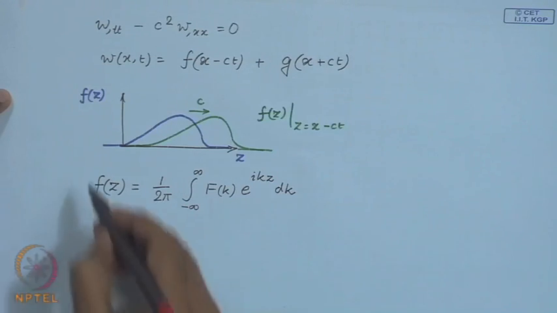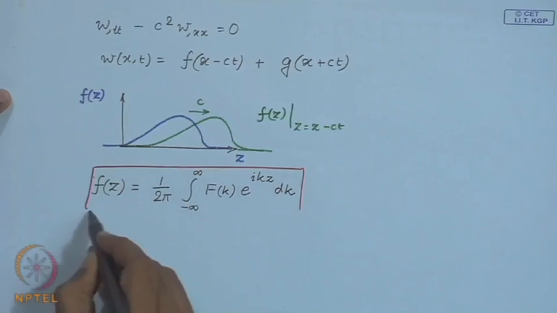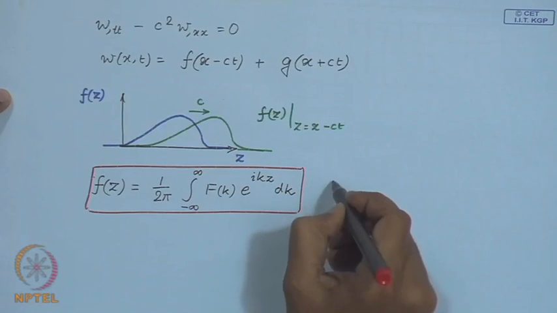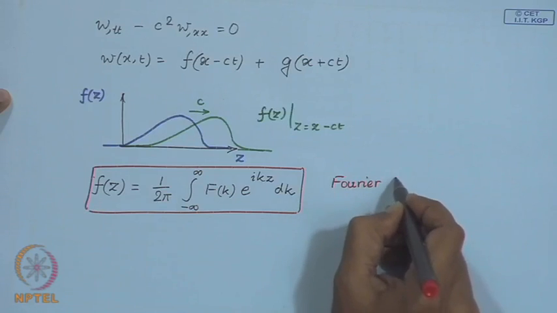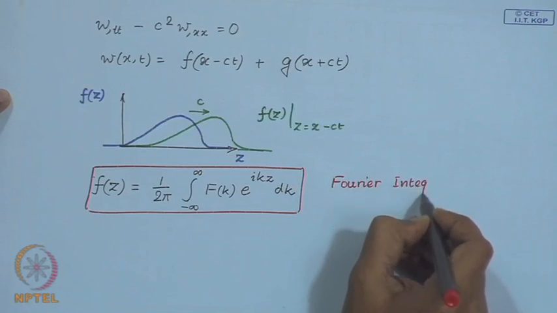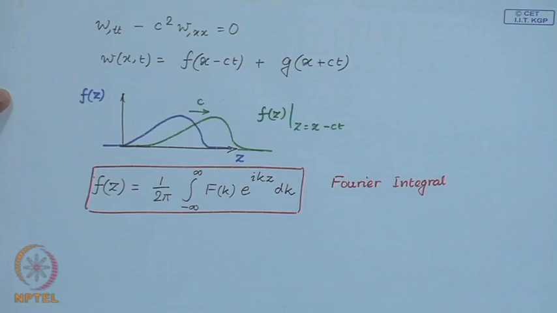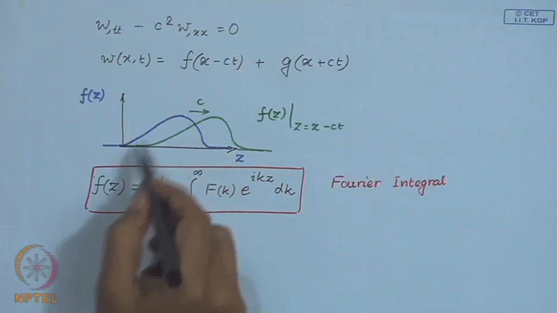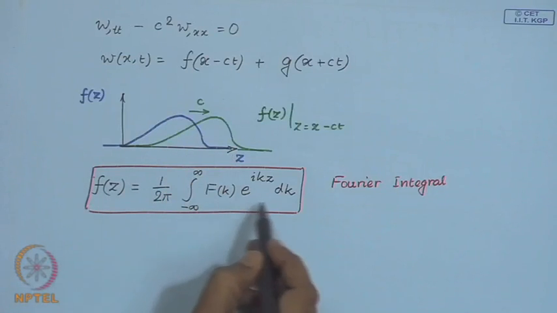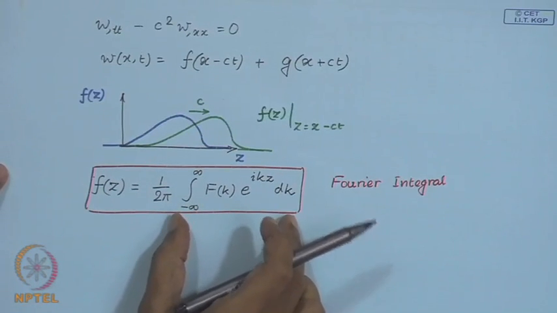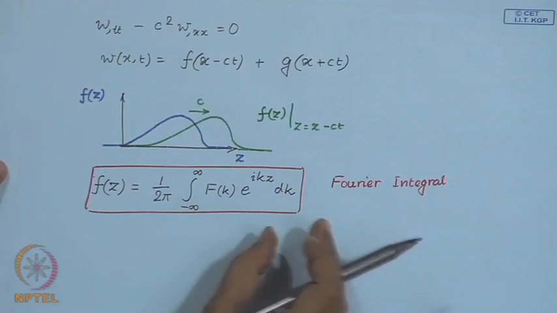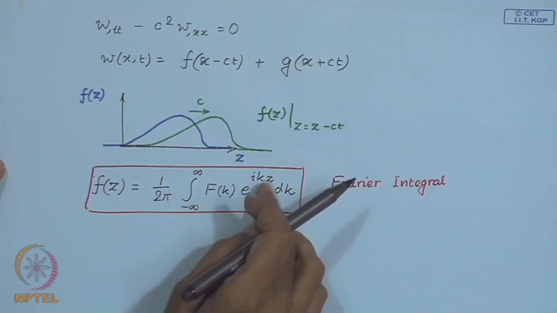So, a pulse like this may be represented as an integral, and you can interpret this integral as a superposition of harmonic pulses.